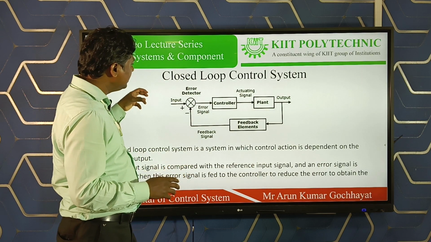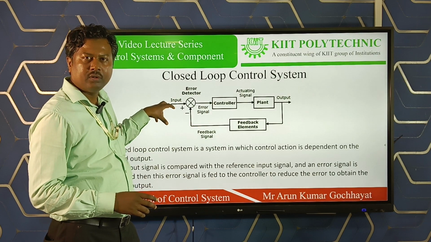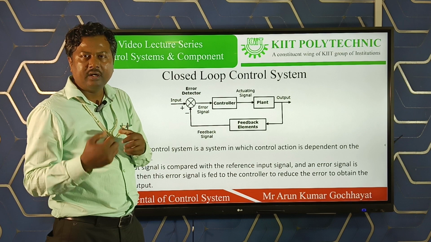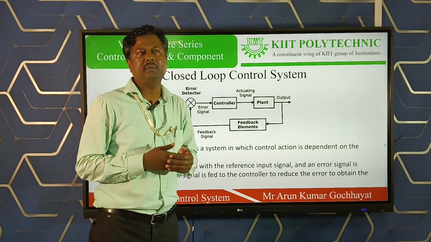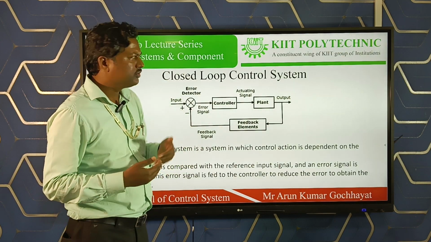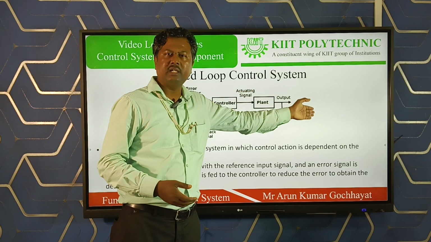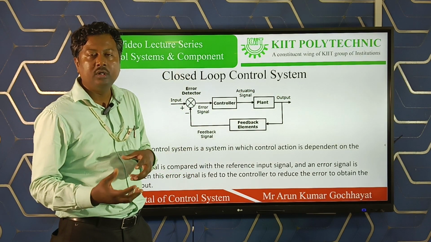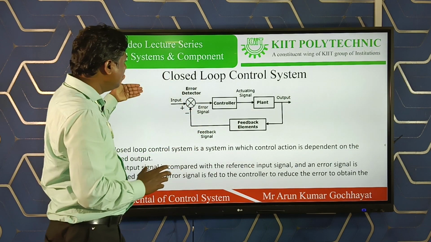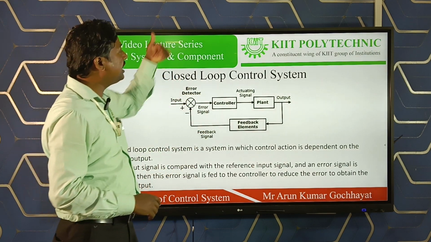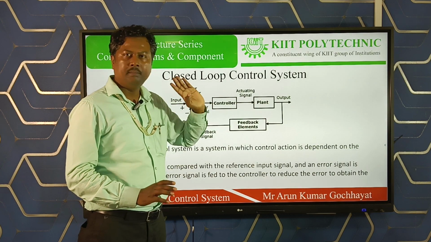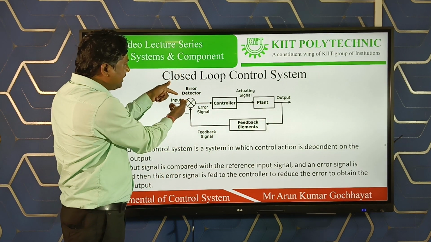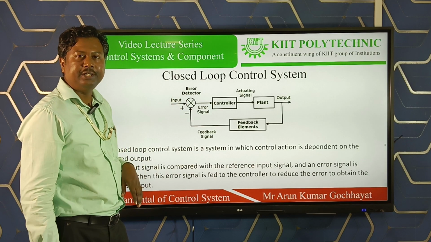You do not always need to change the input, because input values can in many cases remain constant. For a constant input there will be a constant output, but if that output is not as per your requirement, you need to change something. Here we are not changing the input, rather we are changing the impact of the input over the plant. How? By taking a sample of the output and feeding that sample to the detector stage.